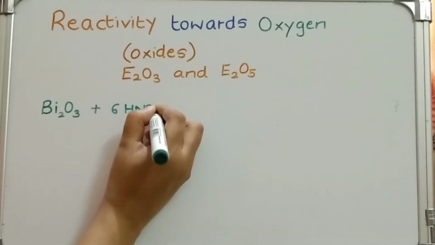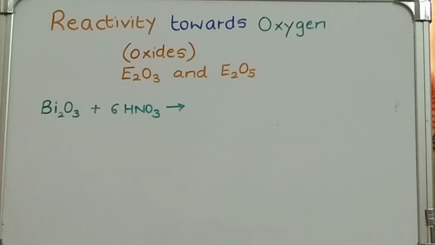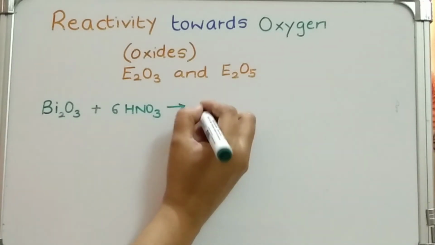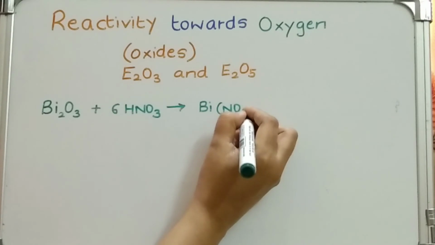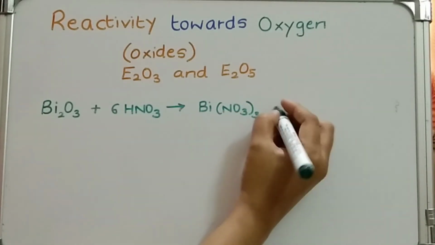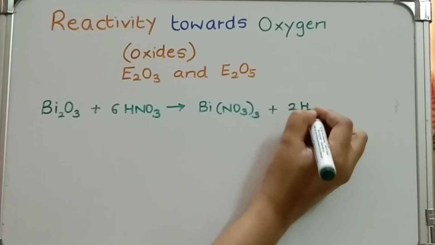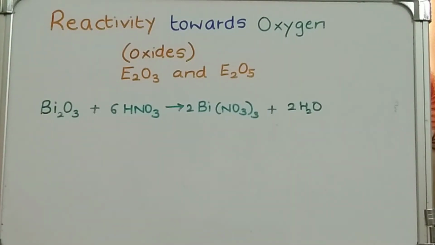I am balancing the equation and writing it: it forms bismuth nitrate and H2O. Bismuth nitrate and water are formed. This is one of the equations where bismuth oxide reacts with HNO3.